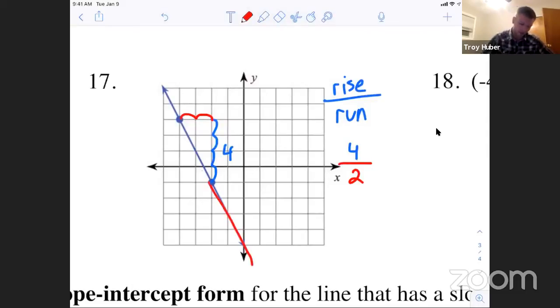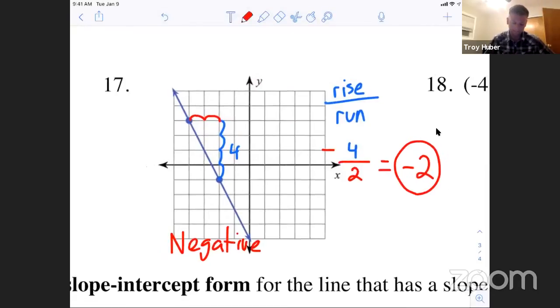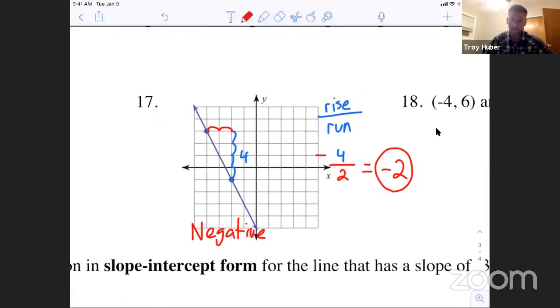Notice this is up and to the left, which makes this negative. So I'm going to say negative 4 over 2. Or if we simplify negative 4 over 2, well, negative 4 divided by 2 is going to give me negative 2. So in this one, our slope should have been negative 2. Or negative 2 over 1, that's fine too.